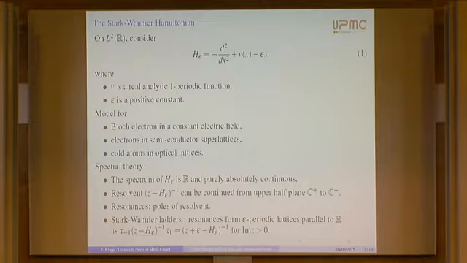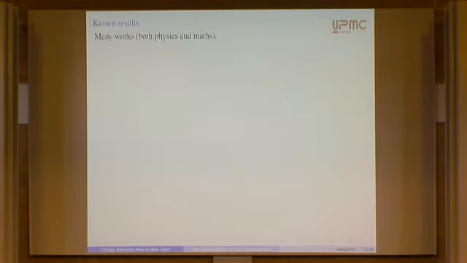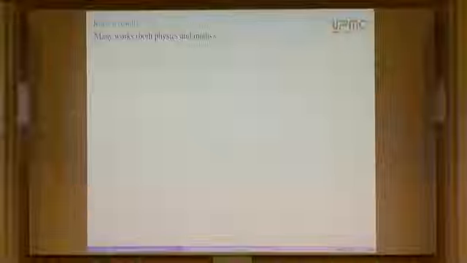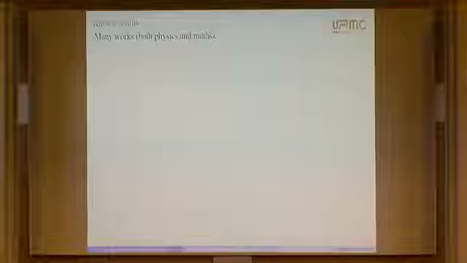And so the main question is, what do these resonances look like? There are many works, both in math and in physics. Actually, it's interesting when I searched the literature, there was first a lot of work in physics. Then the problem was taken up in mathematics in the beginning of the 80s, and during the 80s and the 90s there was a lot of work, and essentially work died out around 2000, 2002.